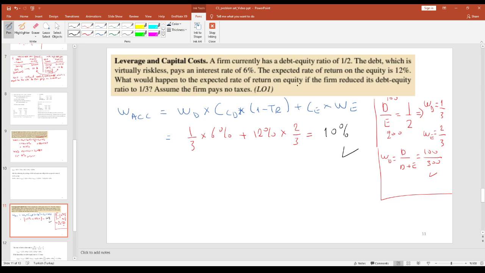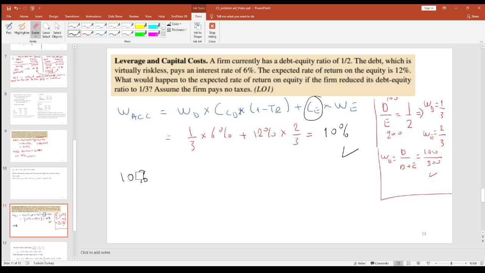So in the new situation, it says debt to equity ratio is 1/3 instead of 1 to 2. So you need to now calculate this, and the new financing mix, what will be cost of equity? This is what is asked. So again, 10%.